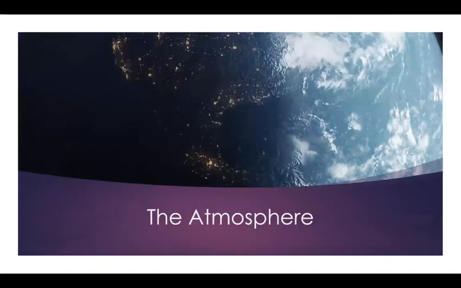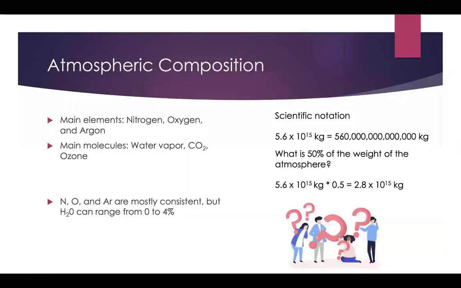The atmosphere, so we all know it, we all breathe it. Let's talk about it. The atmosphere is made up of 3 main elements, nitrogen, oxygen, and argon, and then a couple main molecules such as water vapor, CO2, ozone, and then some other greenhouse gases such as methane.